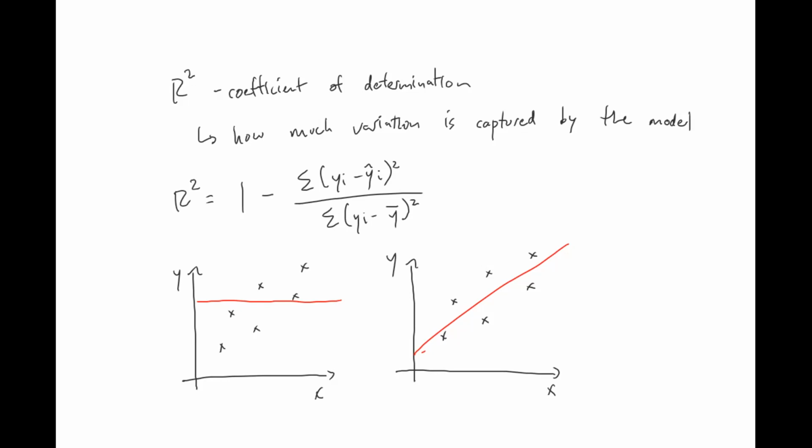Is there a one minus term? Is that the portion of variation being explained by the error terms? No. It is referring to the proportion of the error here divided by the proportion of the error here.